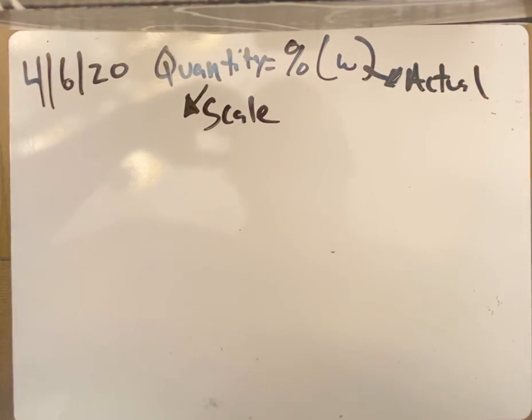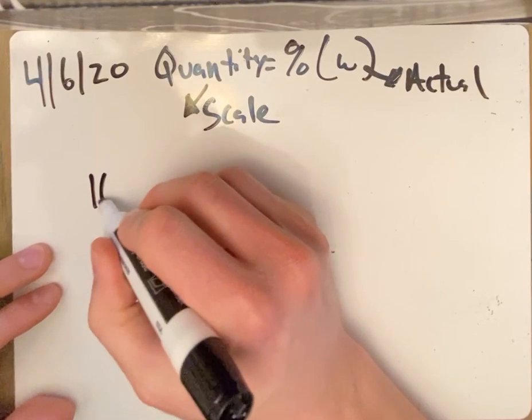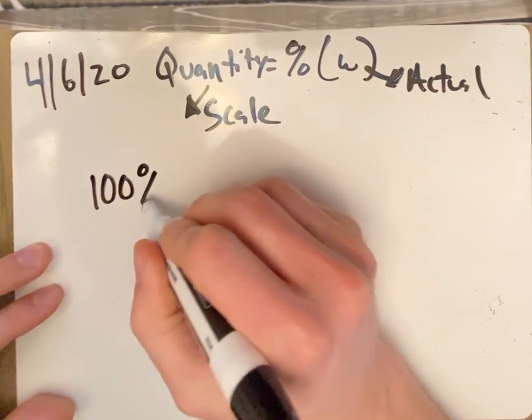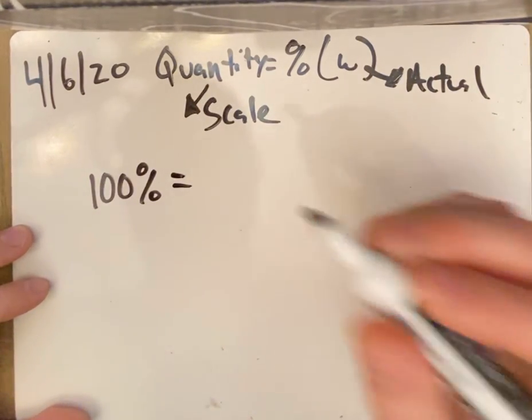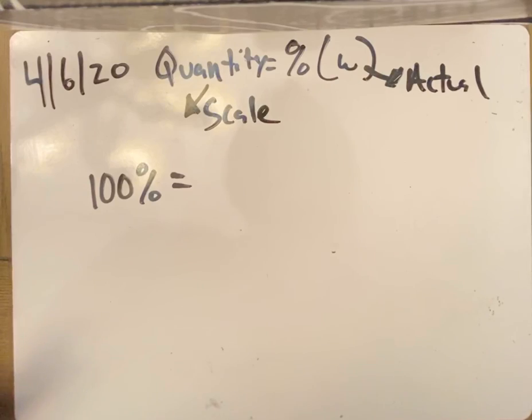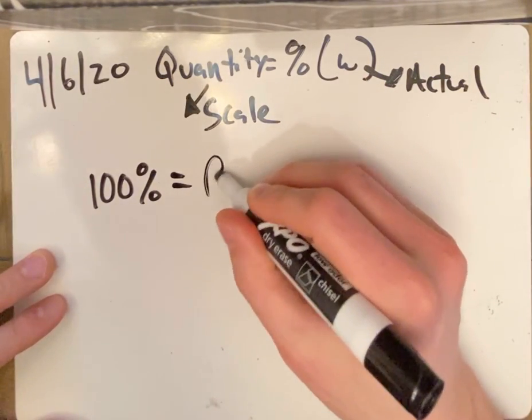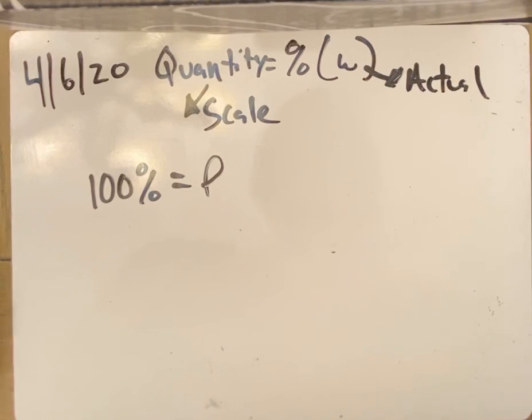The length in drawing 1, the quantity, is 100, because that is my scale. I've got to find what the scale factor is, so I'm looking for P, for percent. And since the actual is the whole, the actual here is 41 2/3%.